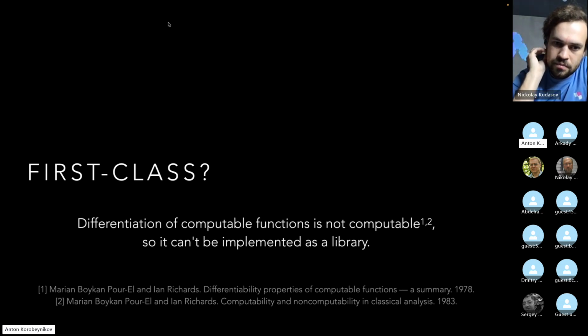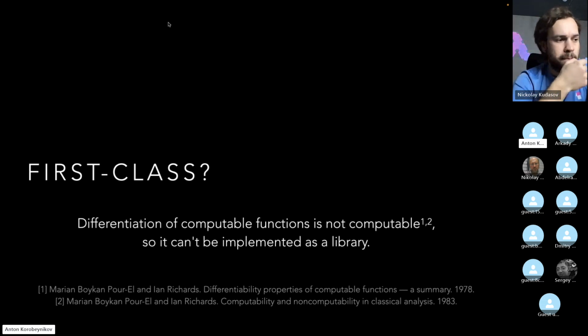Essentially, because numeric methods could provide you not the gradient itself, but an approximation of its value, and we explicitly separate these two things because we don't want to deal with imprecisions and round-off errors. Certainly the approximation could be done as a library, with some additional restrictions. But we're talking about the gradients as computable functions.